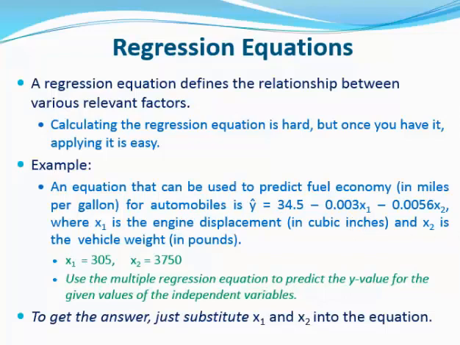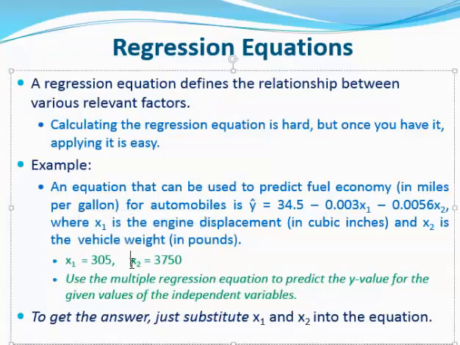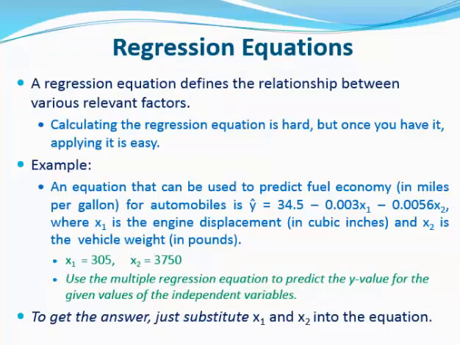In other words, you don't really have to understand all the nuances of this. What this means is this is a way just to predict fuel economy based on certain parts, and you're given the value for x1, and you're given the value for x2, and you are asked, using the equation, to predict the y value for the given values of the independent variables.